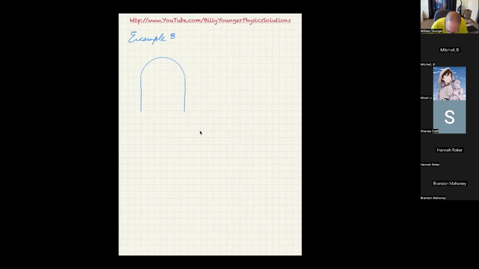And I am going to immerse this in a magnetic field. So I'm going to pull out my old green magnetic field stuff. I'm going to put a green X there, a green X there, and a green X there. And then I'm going to come down and put a green X here, here, here, here.